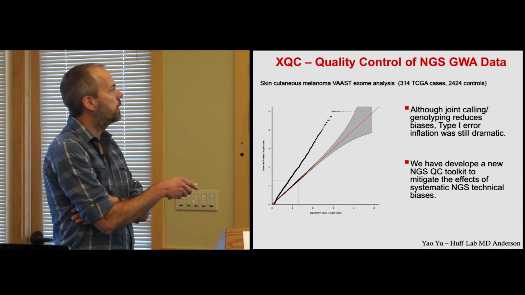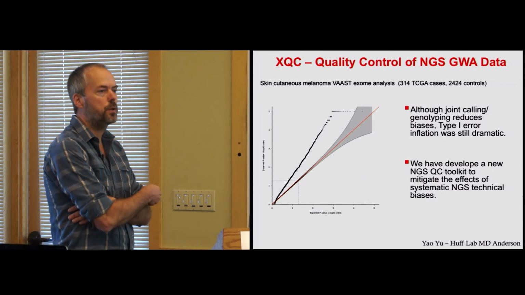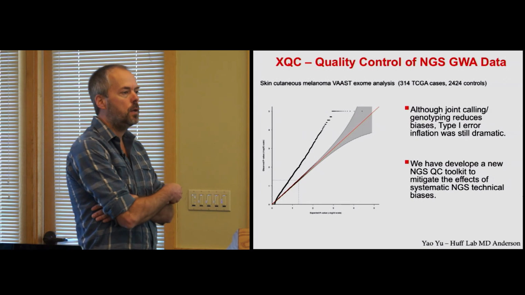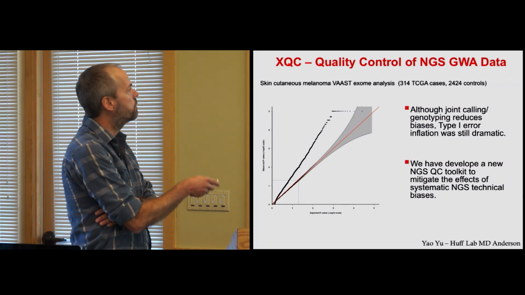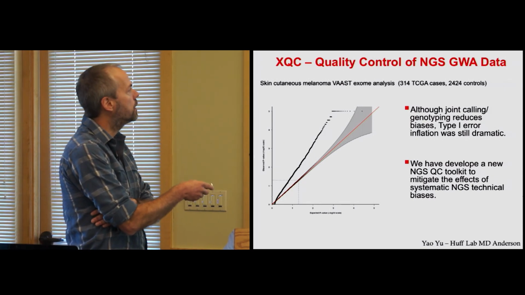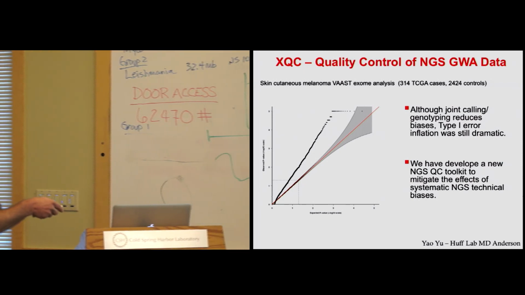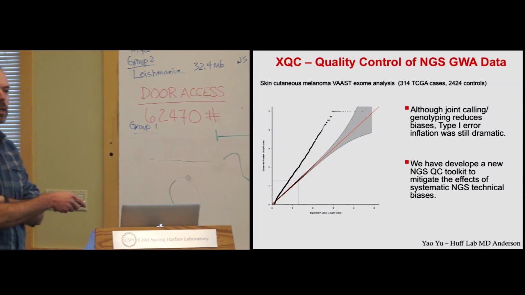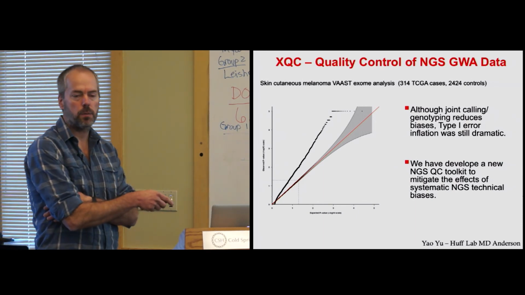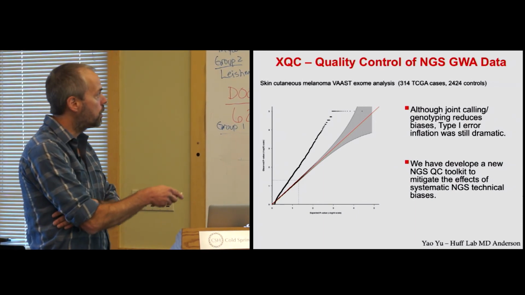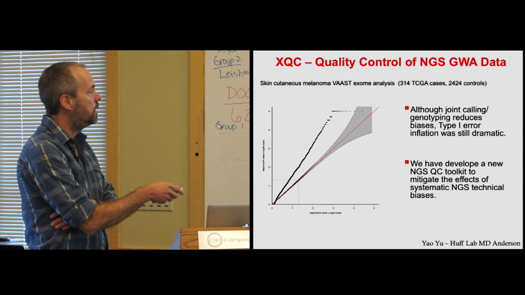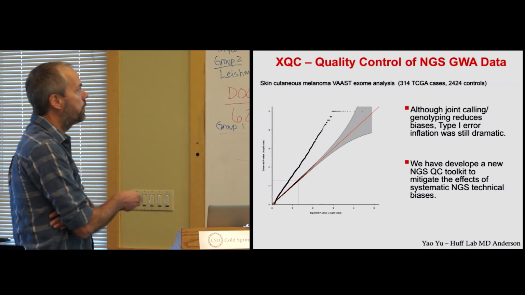A QQ plot basically compares the distribution of the p-values to the normal distribution. So here are the observed p-values in log scale on the y-axis and the expected p-values on the x-axis. If p-values were completely normally distributed as they ought to be, we'd be right along this line here, with some kind of a confidence interval around that.